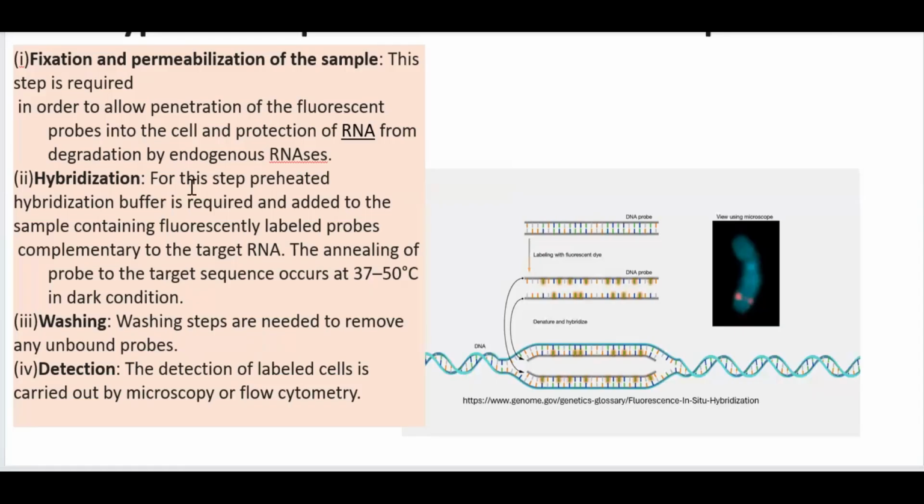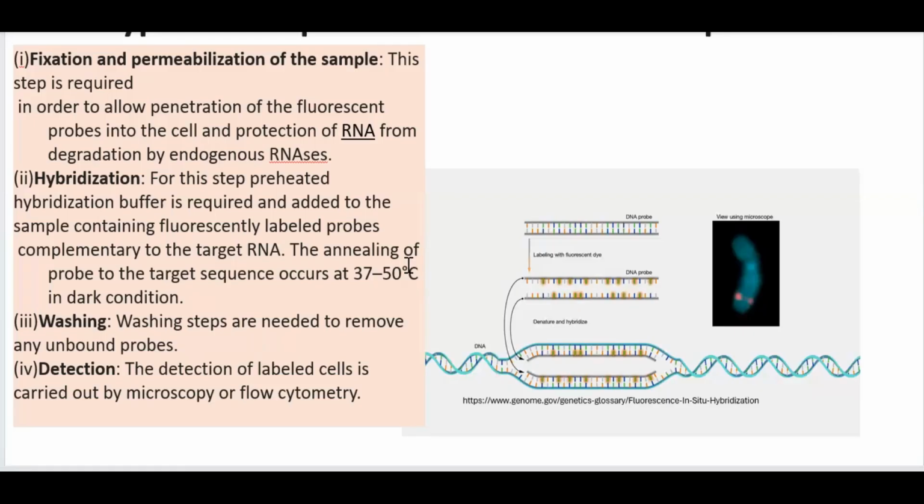So a preheated hybridization buffer is required for this and is added to the sample containing fluorescently labeled probes, which are complementary to the target DNA. Of course, it has to be. Denaturation is one step, which is carried out by adding the preheated buffer. That will denature the DNA. Along with that, your fluorescently labeled probe is also in that buffer, and then you are going to cool the system so that annealing of the probe to the target sequence will occur.